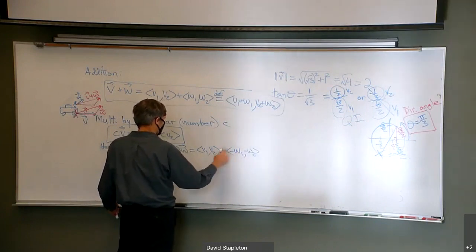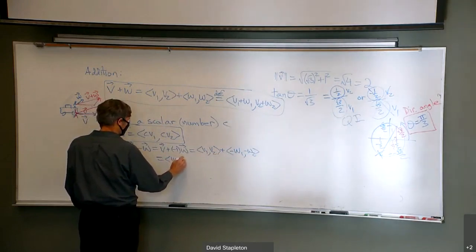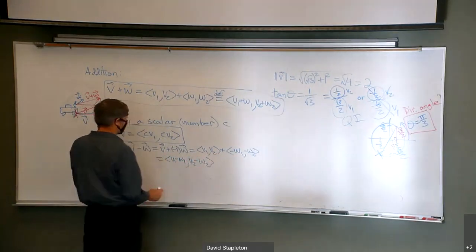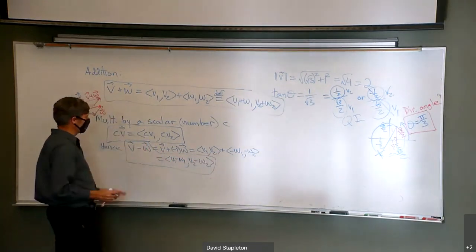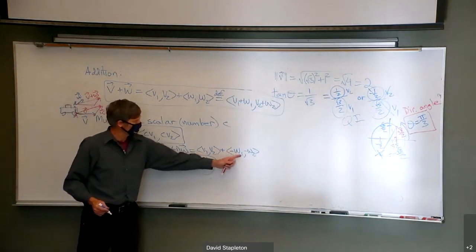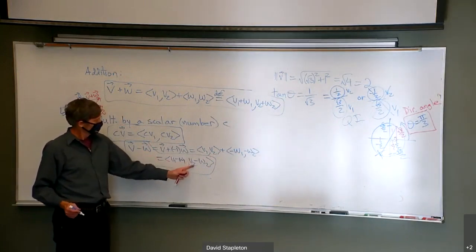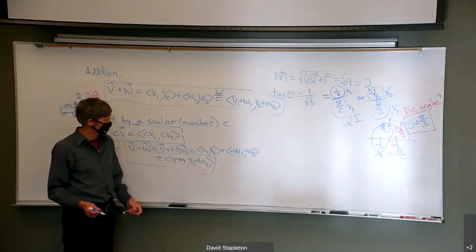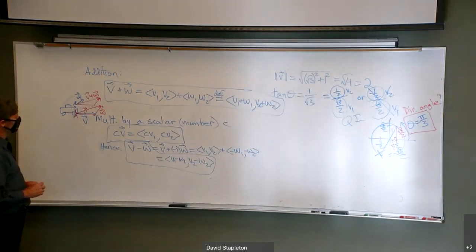Then you add those component by component, and you get v1 plus minus w1, v2 plus minus w2. So what you infer is that subtraction is also just component by component: subtract the first components to get the new first component, subtract the second components to get the new second. So there's addition, subtraction, and multiplication by a number.